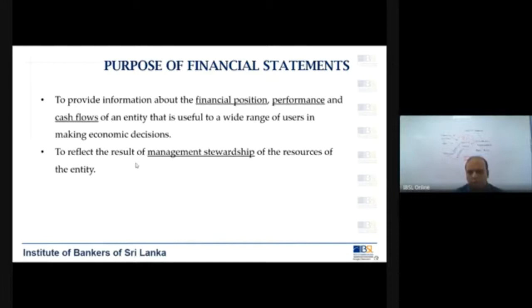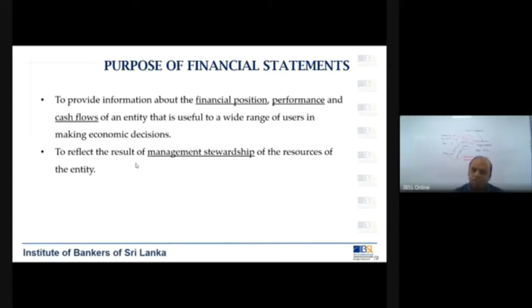There are a lot of rules and directions that are governing the management of an organization, especially related to the board of directors of an organization. It even goes to the extent of tackling certain corporate management members also. So this management stewardship is where the governance of an organization comes in.